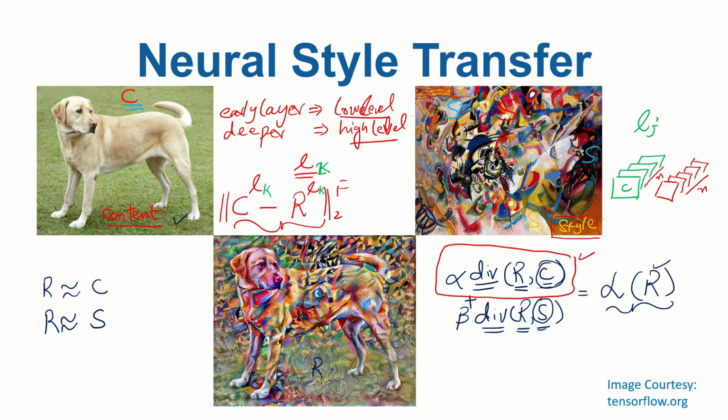So the style is computed by taking cross correlations over channels. For example, what you do is you pick the very first channel. So let's say you pick the channel I. Let's say first channel, which is the first band or first matrix in this volume. And then you pick the second, that's another matrix, and compute their cross correlation. And that will bring you one number at the end of the day.